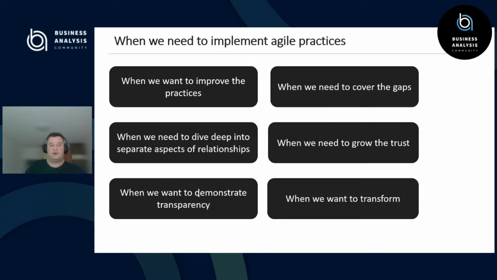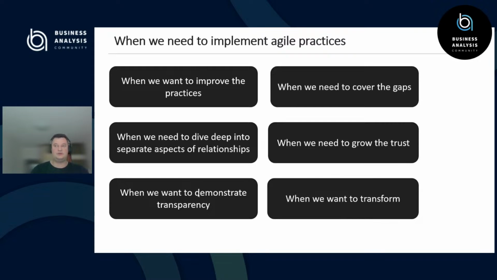So the first is about when we want to improve the practices. Yes, sure, common sense. When we need to cover the gaps, of course. When we need to dive deep into separate aspects of relationships, especially interesting point, because all of us are not ideal, guys, and we have some specifics in our interaction with each other.